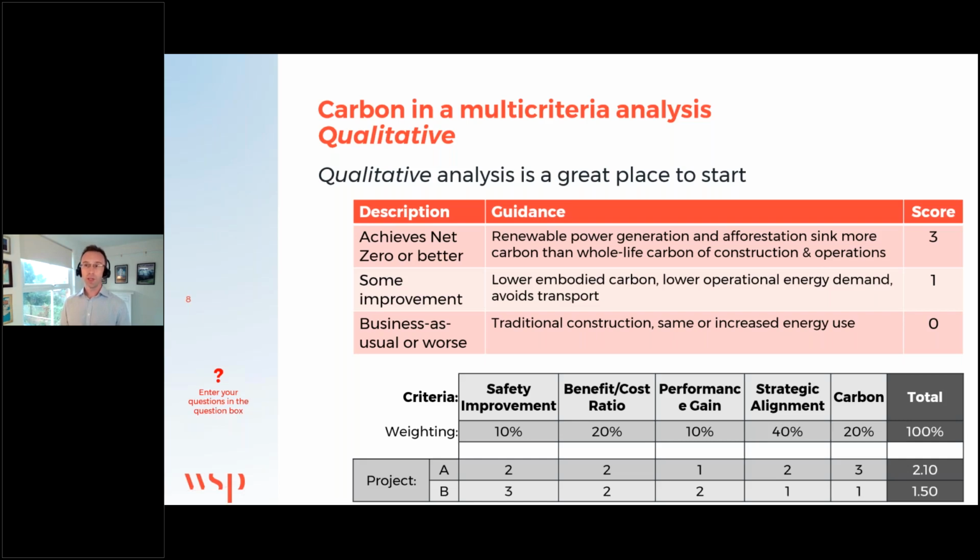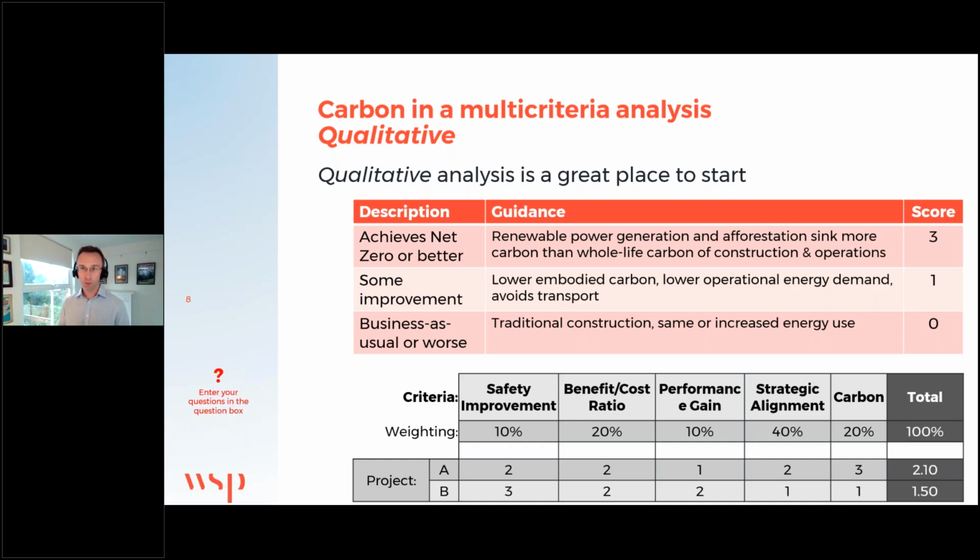So, carbon in a multi-criteria analysis. Qualitative analysis is a great place to start. It's a lot simpler. You can talk about the relative carbon impacts of potential projects. In this very simple example, I've just taken 3 potential options.